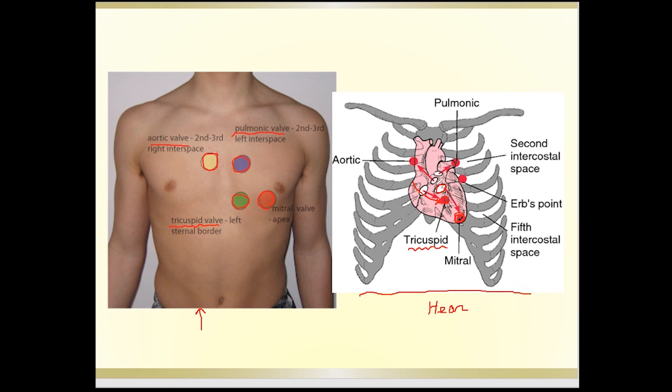And the aortic sounds: blood flows this way and then goes to the aorta, so we can hear the sounds in this location. And the pulmonary artery sounds travel this way, so that's why we hear the sounds in this location.